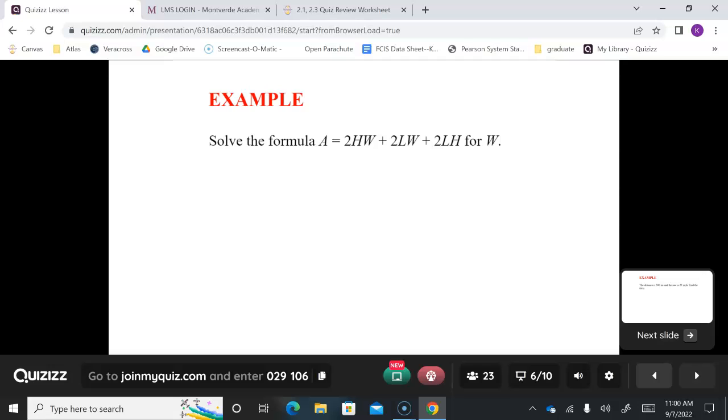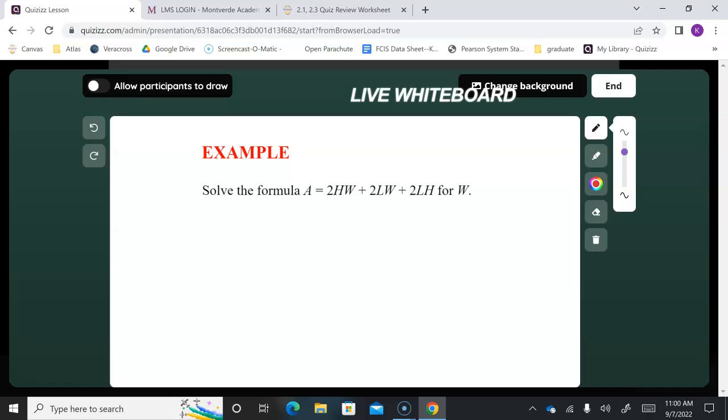Right, but what's the big difference between when I solve for Y or when I solve for K? I've got two of them. W's in there twice. I only need it once. Okay, I can only have it once. Not quite.